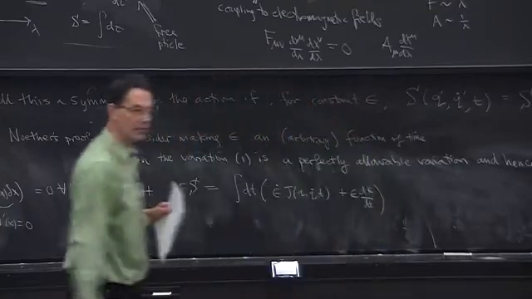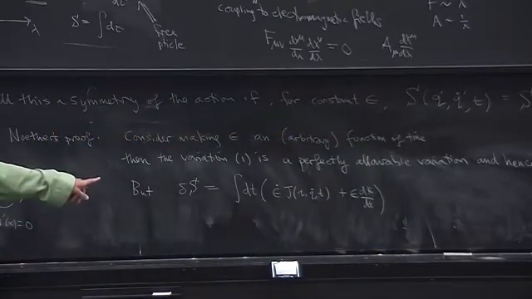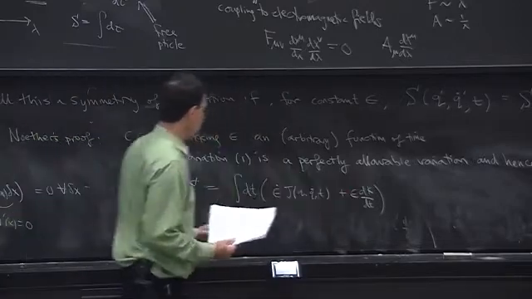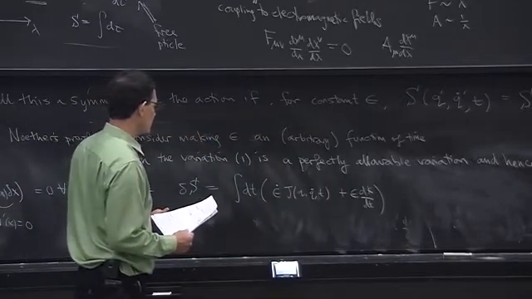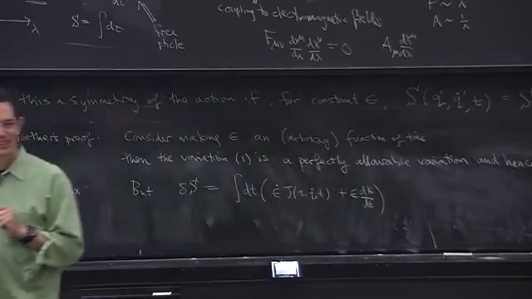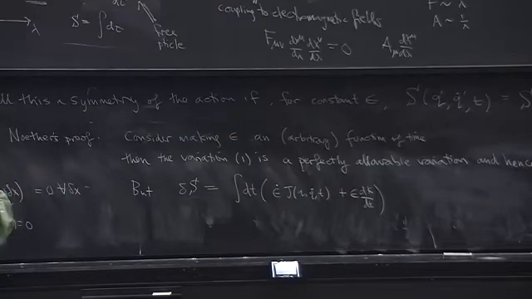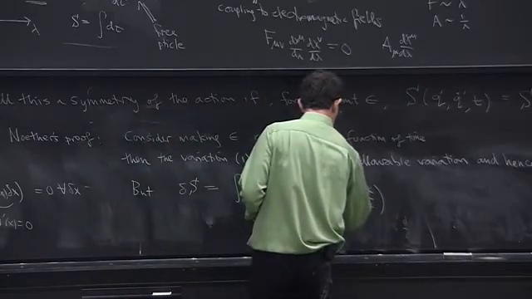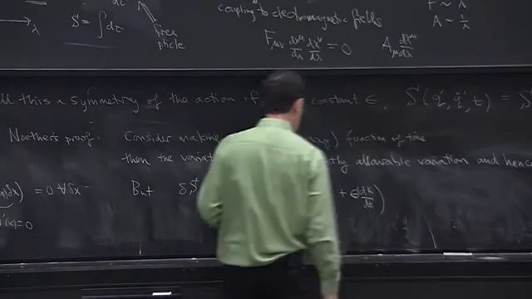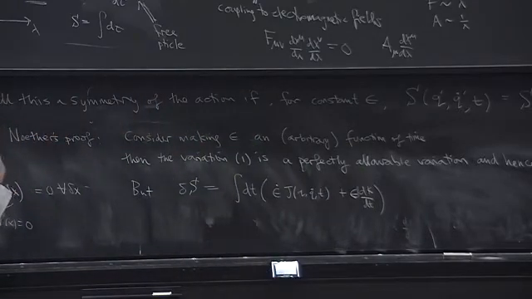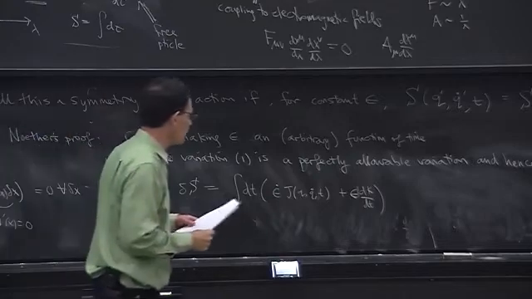I could get that, because that's a surface term, right? And so if epsilon is a constant, that is a surface term, okay? And so if epsilon is a constant, that variation is not going to contribute to the equations of motion.